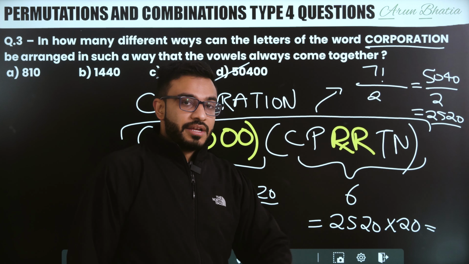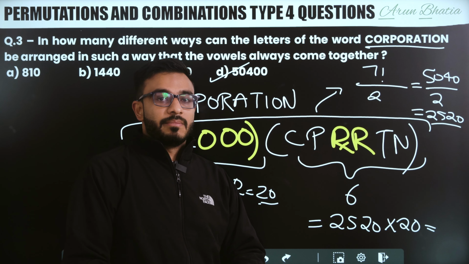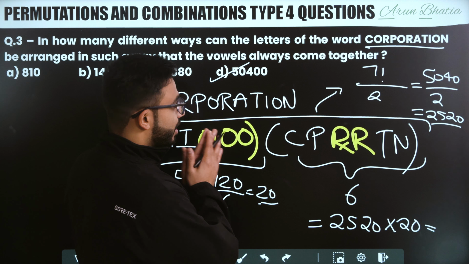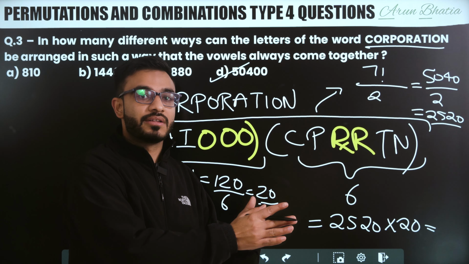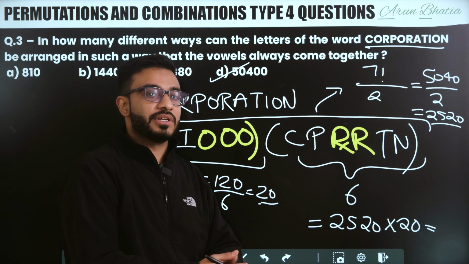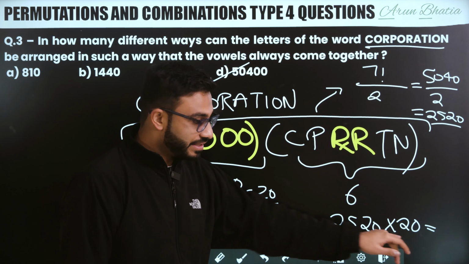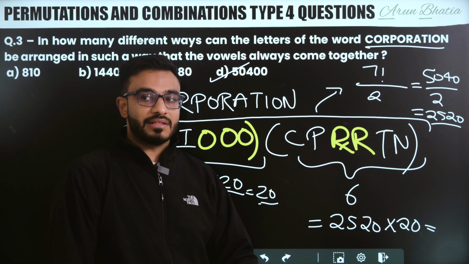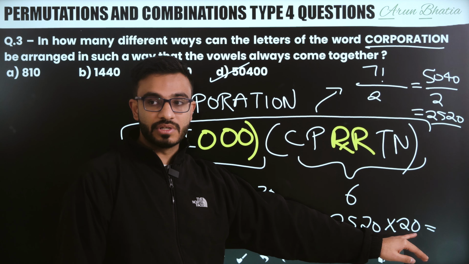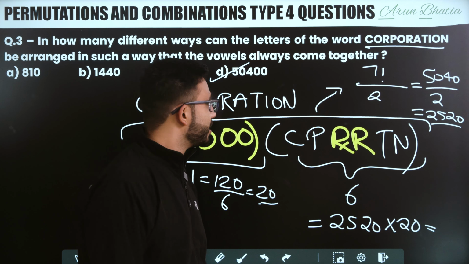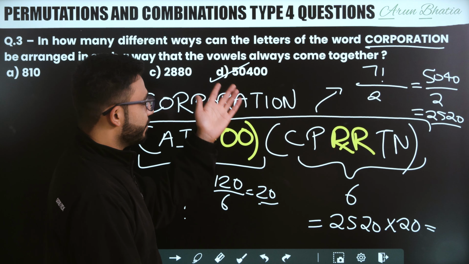Remember, I have been putting in your brains that factorial grows very fast, very exponentially. So you will be dealing with very large numbers. So always remember to estimate, don't try to calculate the exact answer. Since 2500 times 2 is 5000, or times 20 is 50,000, you get somewhere around 50,000. So D would be your answer.